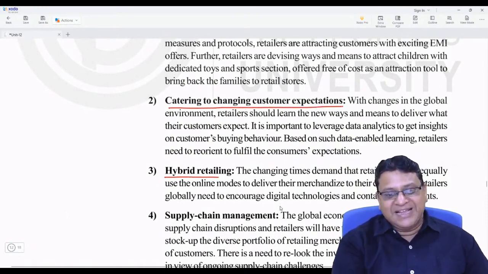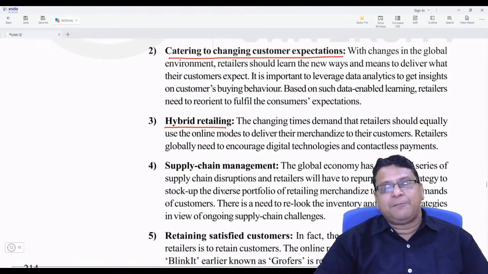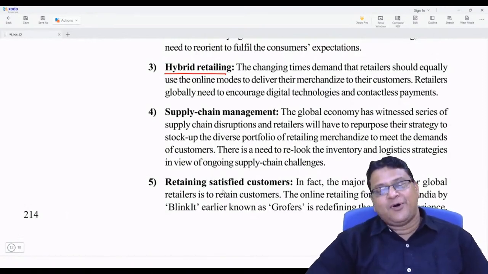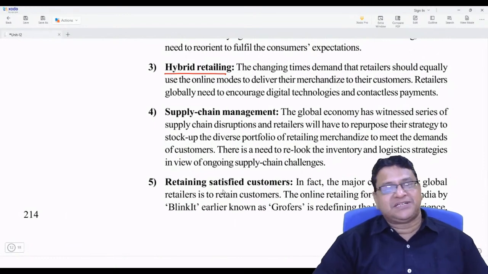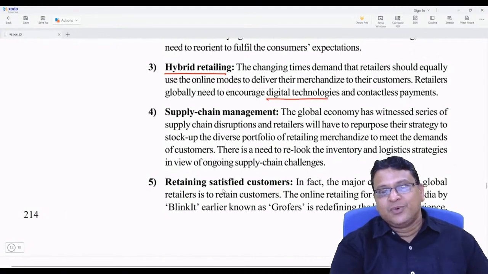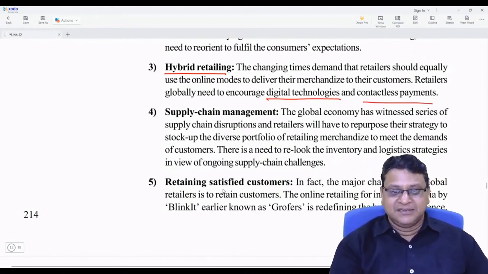We can follow the hybrid retailing model. What is the hybrid retailing model? We can apply online as well as offline models. So there will be some online and offline systems of payments. We can use digital technologies. We can use contactless payments in hybrid retailing.